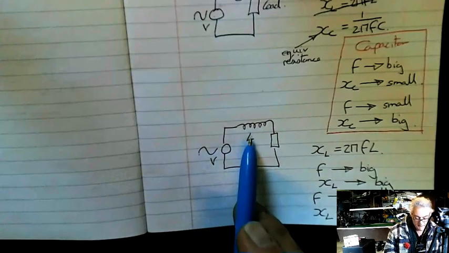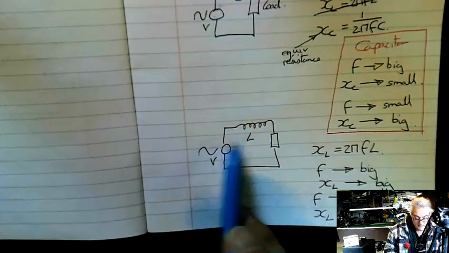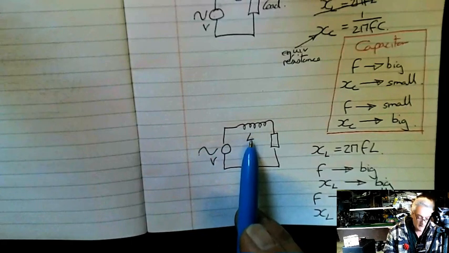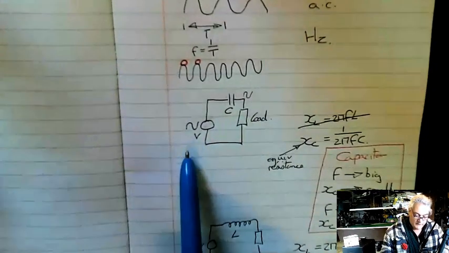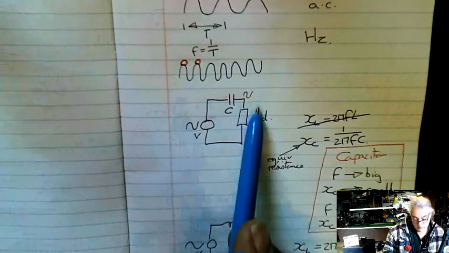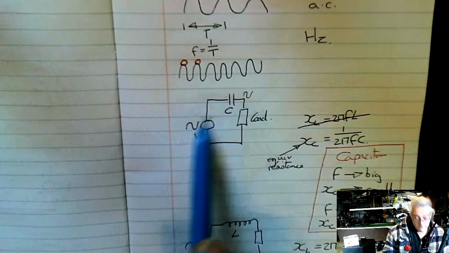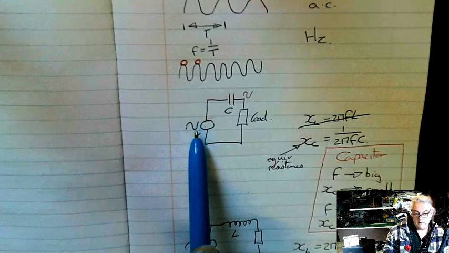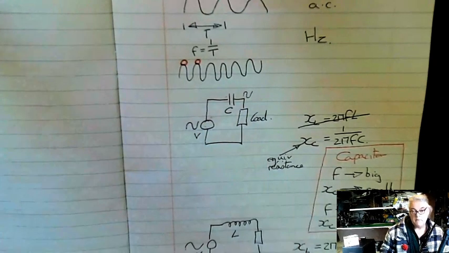As we decrease the frequency, the inductor will pass the current, which is completely the opposite to what we see at the top here. Because as the frequency increases, the capacitor will pass the current, and as the frequency decreases, the capacitor will block the current.